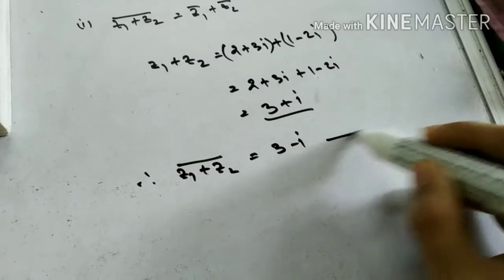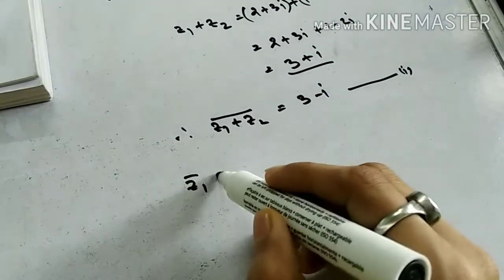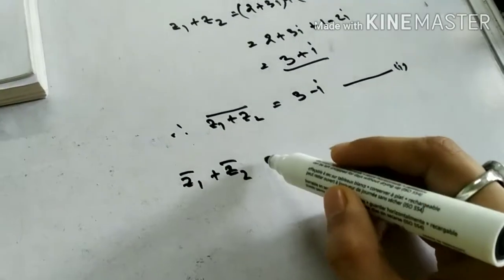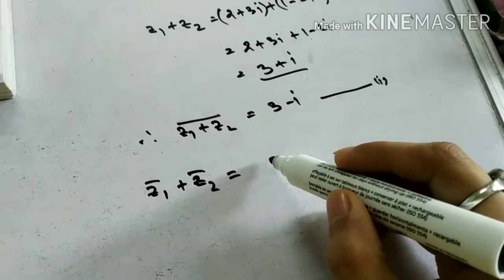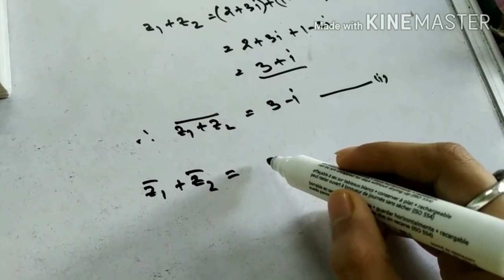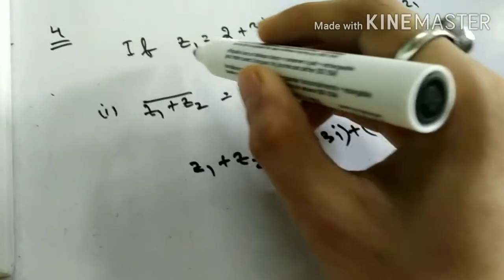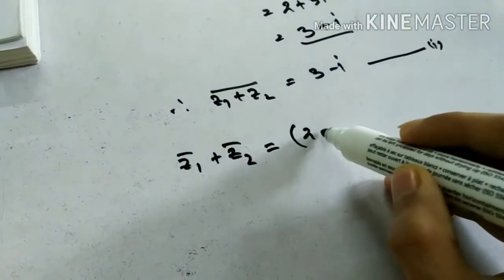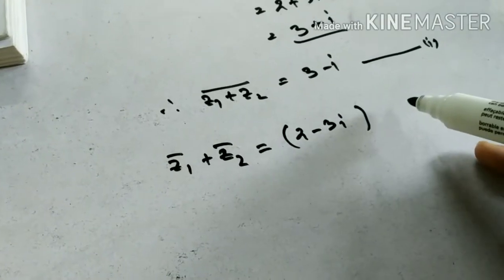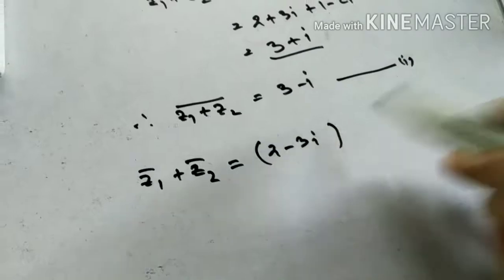Okay, this you can give as equation 1. Again, Z1 bar plus Z2 bar. Let me write it down.